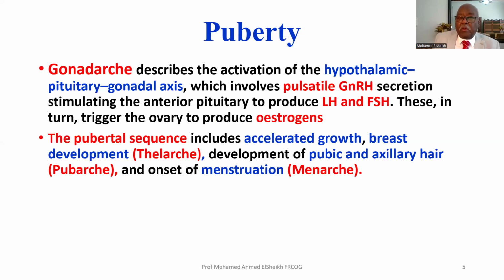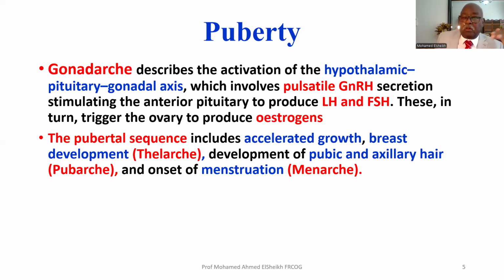It involves pulsatile release of GnRH, gonadotrophin releasing hormone, secreted from the hypothalamus in a pulsatile fashion. It stimulates the anterior pituitary to produce LH and FSH. These, in turn, trigger the ovary to produce estrogen.